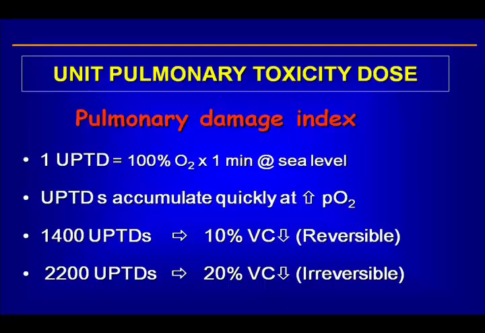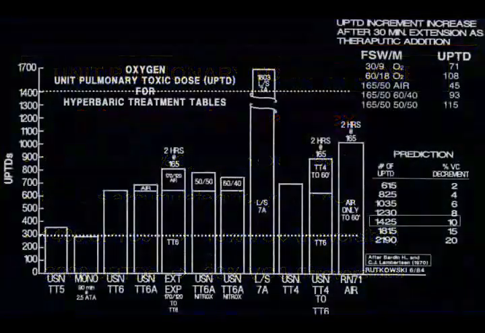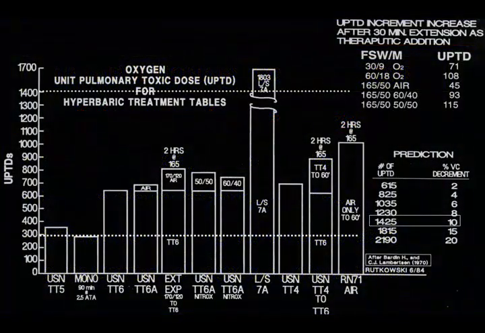And that's the basis of oxygen tolerance units, which is another name that's used for units of pulmonary toxicity, or UPTD. And 1,400 units usually translates to the threshold that I mentioned earlier, which is a 10% reduction of vital capacity. In other words, the volume of air that you would be able to breathe out after a full inhalation.